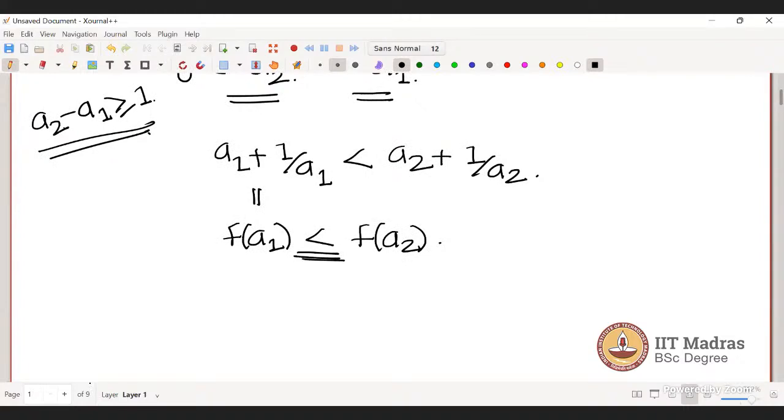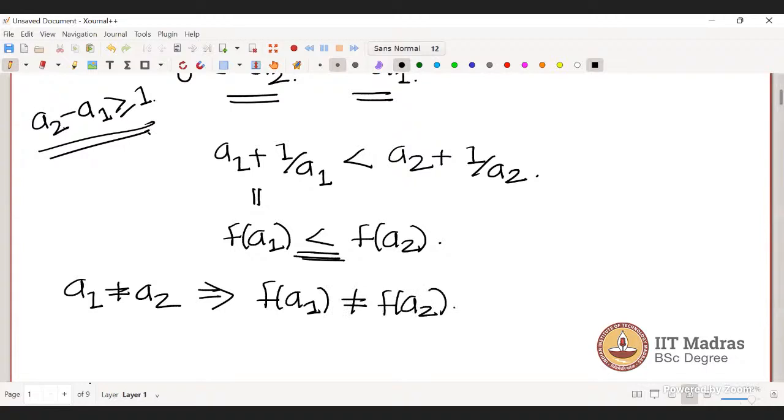So certainly f of A1 cannot be equal to f of A2, right? Yes, sir. So what I showed is, if A1 is not equal to A2, then f of A1 is also not equal to f of A2, right? So this means f is injective.